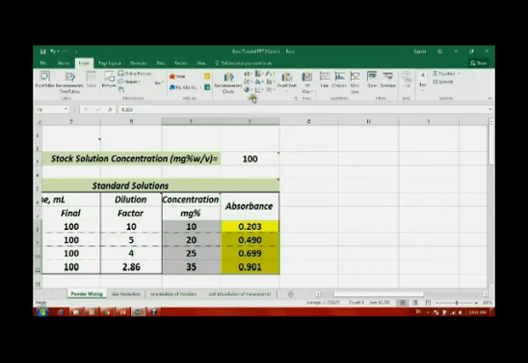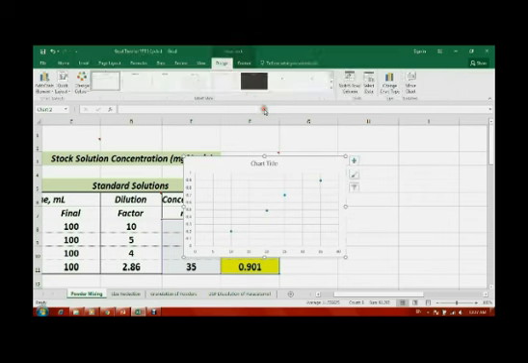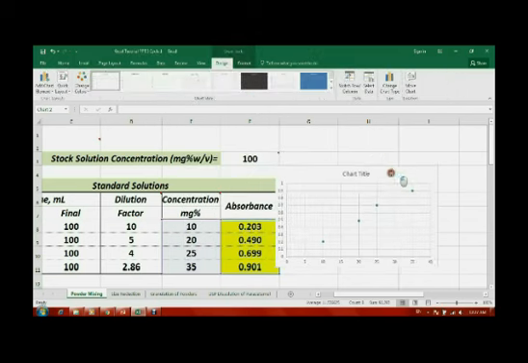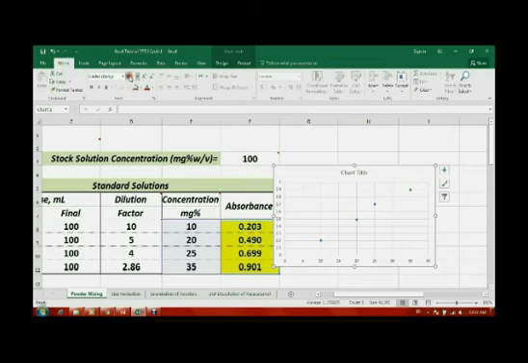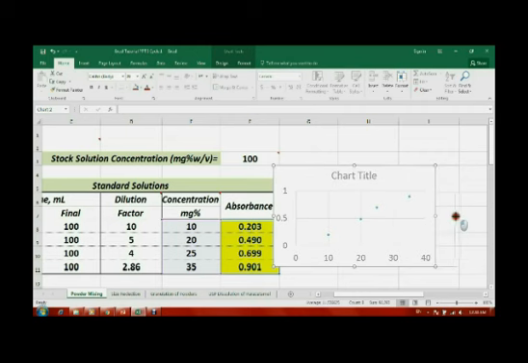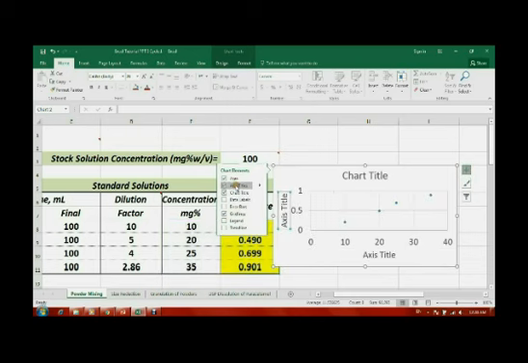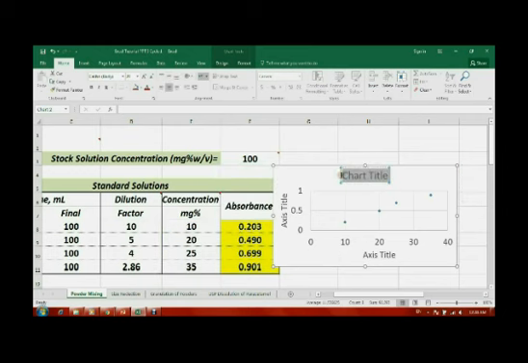The chart title should be Calibration Curve of Sodium Salicylate in Distilled Water at lambda equal the lambda you used to measure the absorbances.